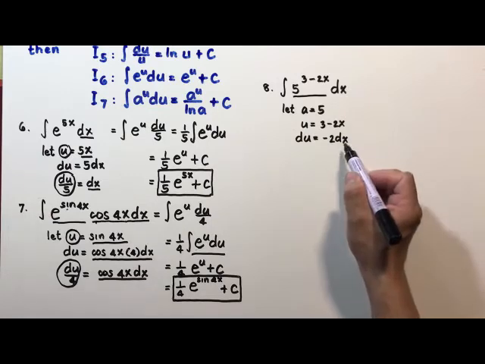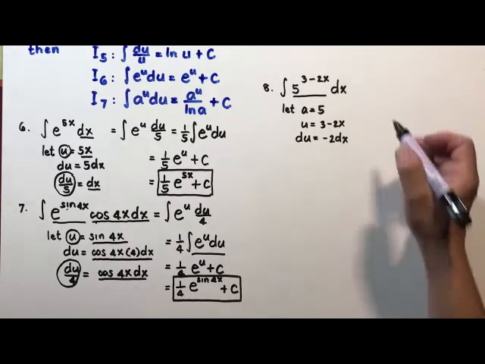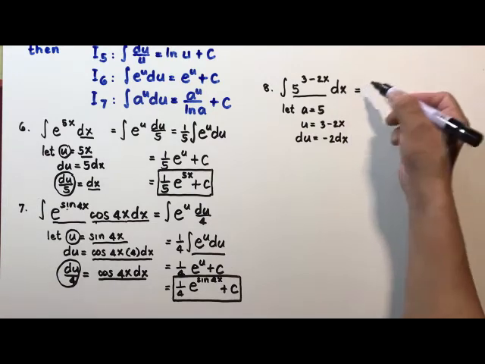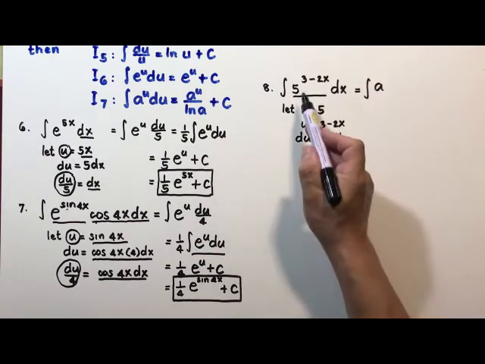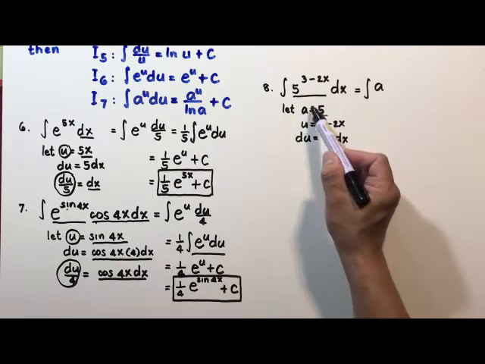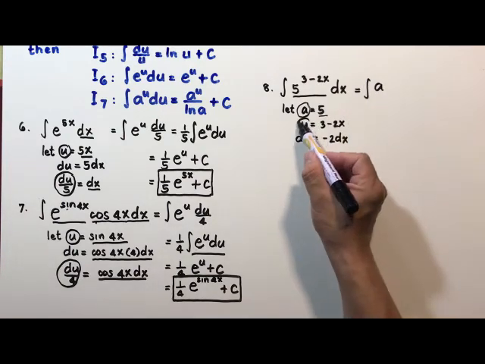And of course, we have here dx because we are looking for the differential. So we can rewrite this as the integral of a, because our 5 we let as our a, and then the exponent 3 minus 2x as our u here.